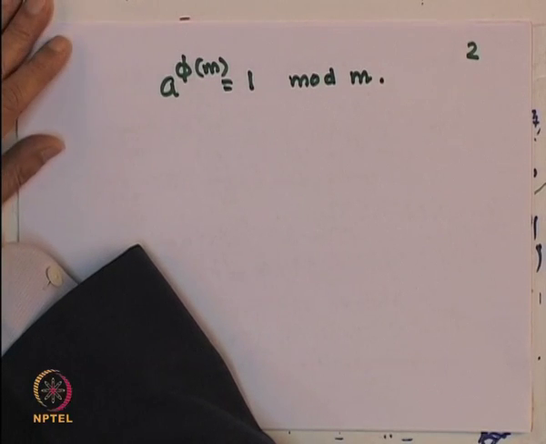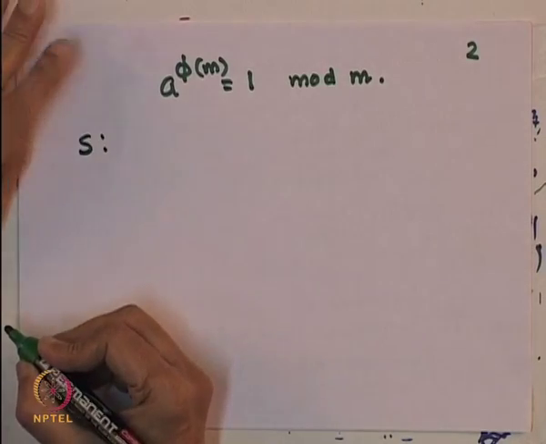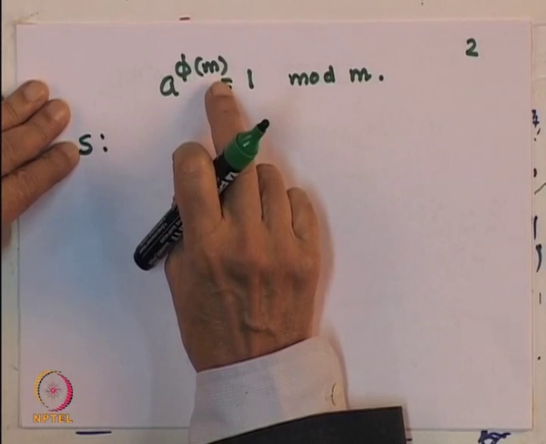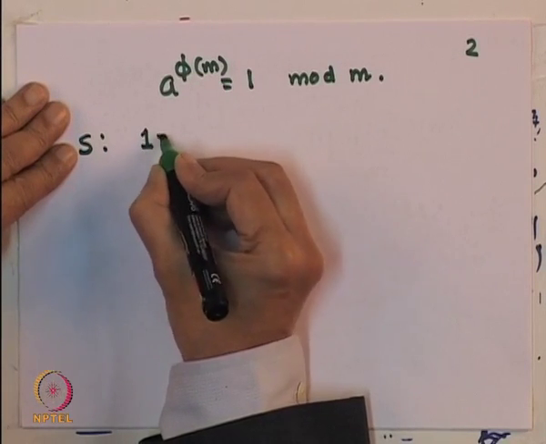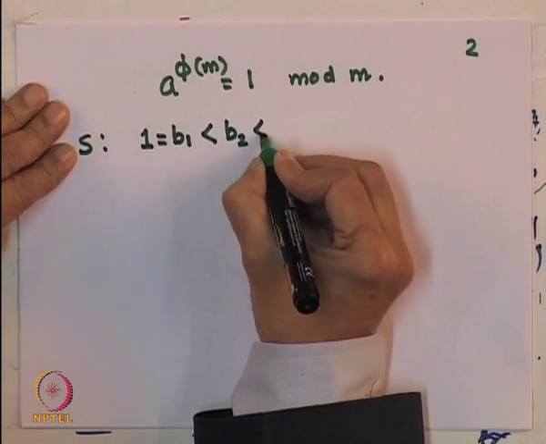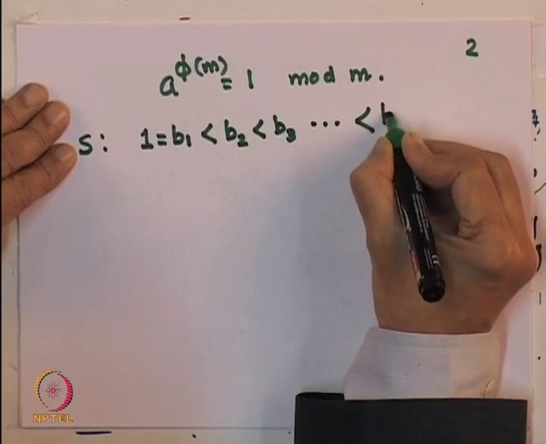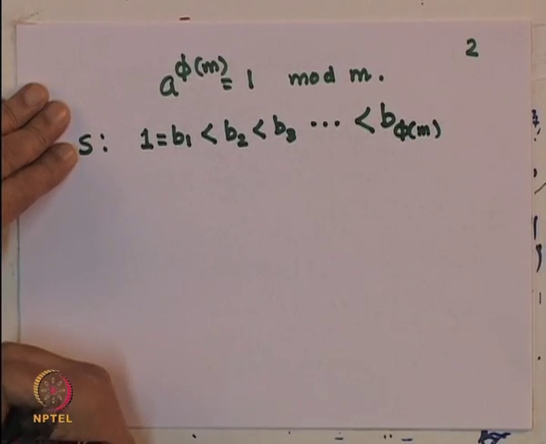The proof is very similar to the way we proved Fermat's little theorem, but let me do the following. Let me define the set S as all numbers which are less than m and co-prime to it, starting with 1, of course, by definition, let us call it 1 equals b1, which is less than b2, which is less than b3, and there are phi of m of them, up to b phi m.